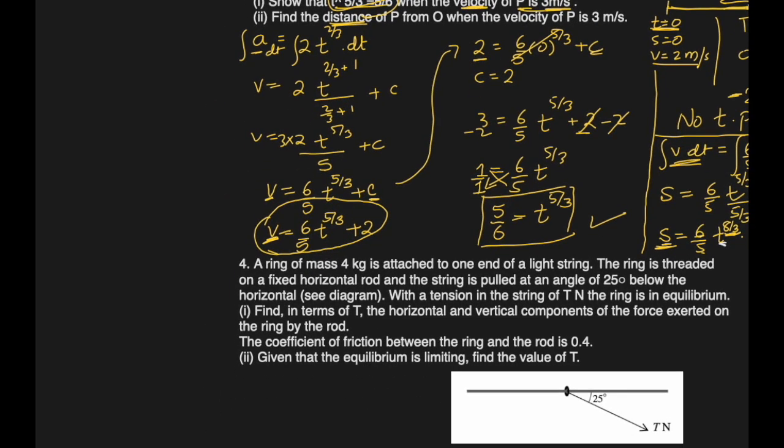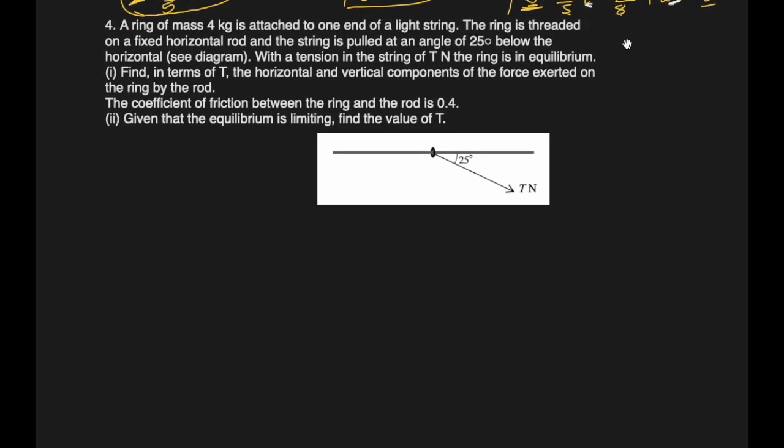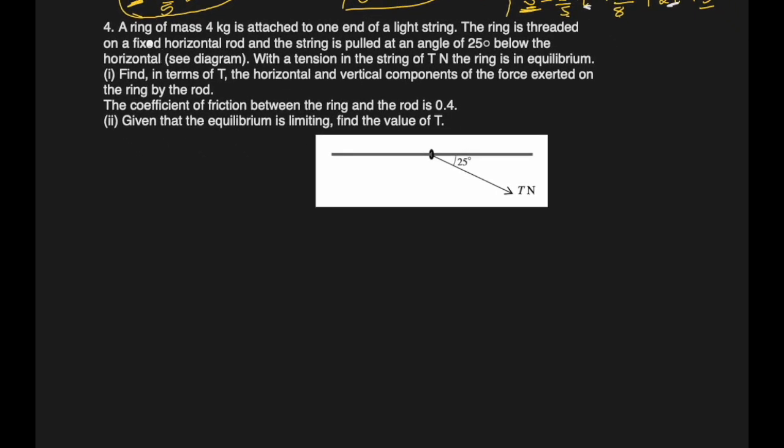Okay, so let's go to question number 4, which says a ring of mass 4 kg is attached to one end of a light string. The ring is threaded on a fixed horizontal rod.